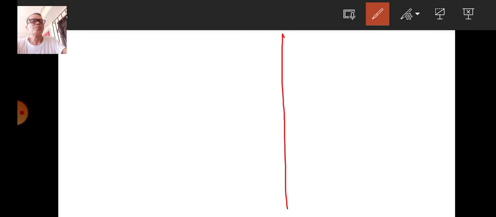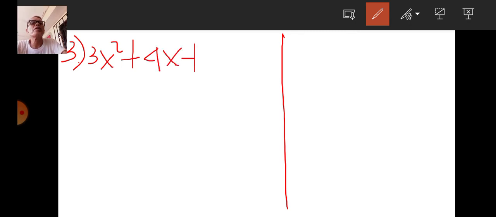Okay, another example for factoring. So number 3, for example, we have 3x squared plus 4x plus 1 must be equal to 0.